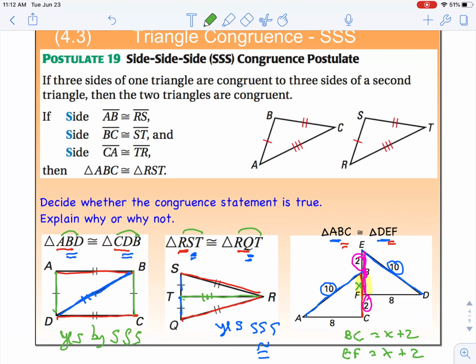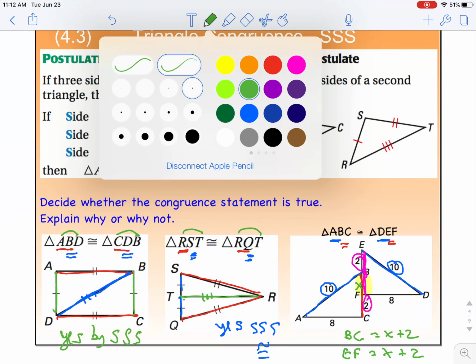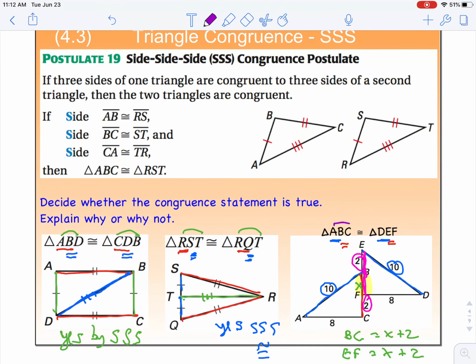Whatever X is, when we add it to 2, it's going to be the same. So yes, those two segments are congruent. And last but not least, we check the last segments, AC and DF. Yes, they are both 8. So again, the triangles are congruent by side, side, side.